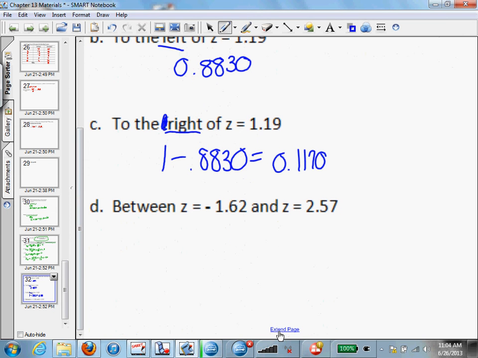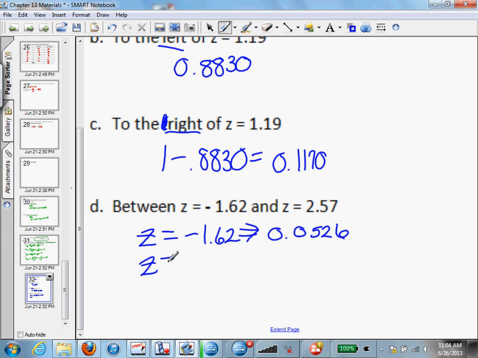Okay, and now we're looking between two places. So z being a negative 1.62 is going to give you an area of 0.0526, while z being 2.57 is going to give you an area of 0.9947.